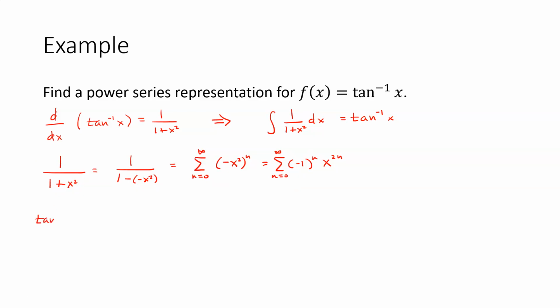Therefore, to get the power series of tan inverse of x, we'll be integrating that function, and hence integrating the power series, negative 1 to the n x to the 2n.